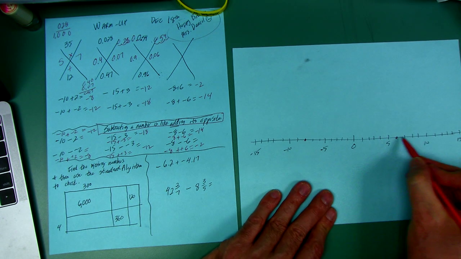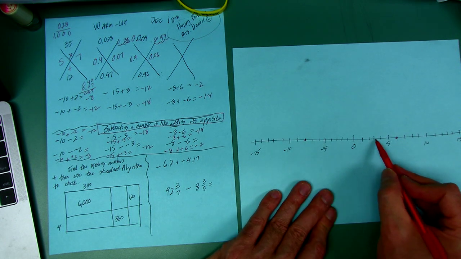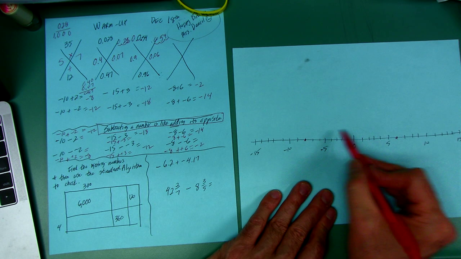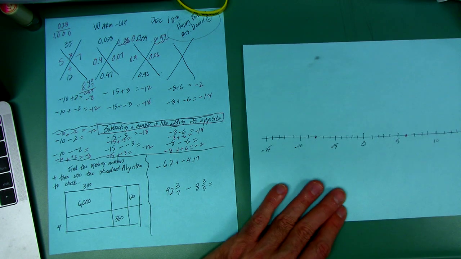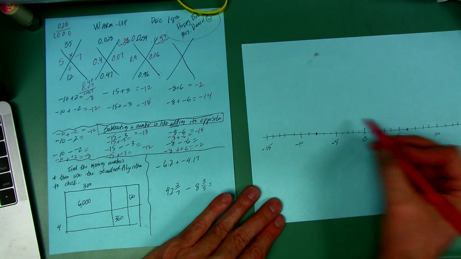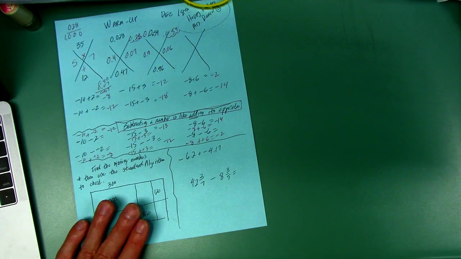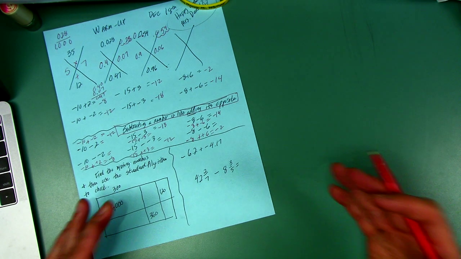What's the difference here? Well, let me see. 1, 2, 3, 4, 5, 6, 7, 8, 9, 10, 11, 12, 13, 14. The difference is 14. Wow. So the difference is 14. Okay, so there's some cool things that you can see on number lines when you're subtracting and thinking difference.